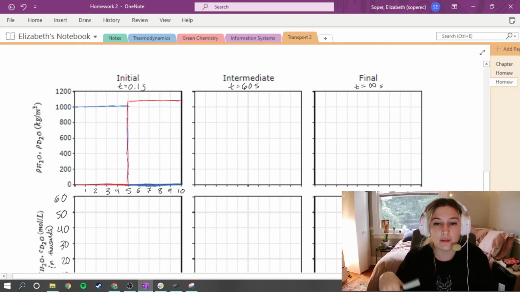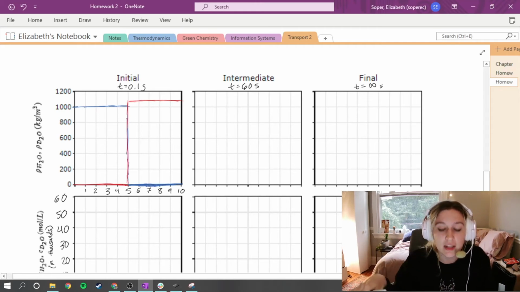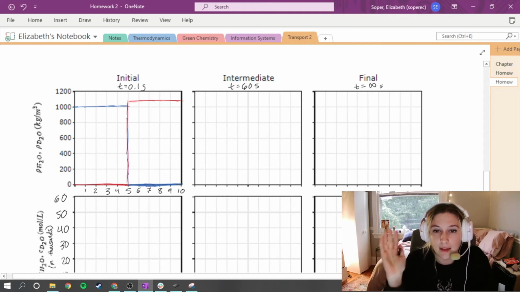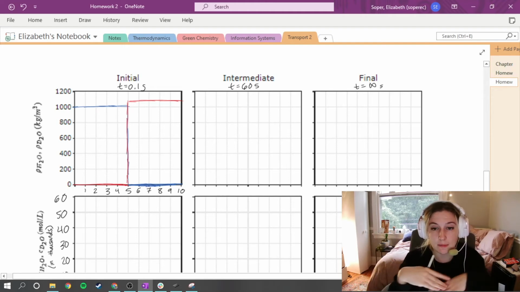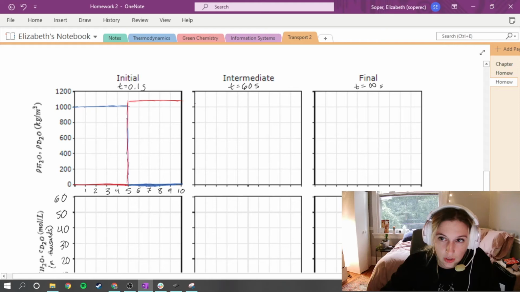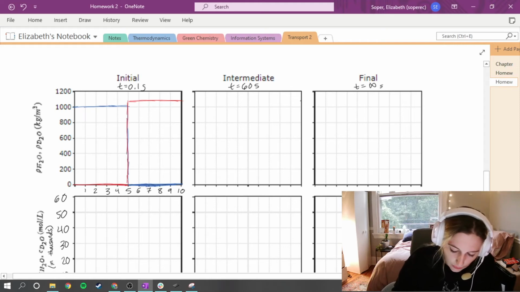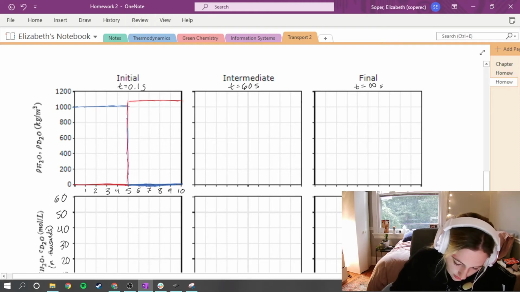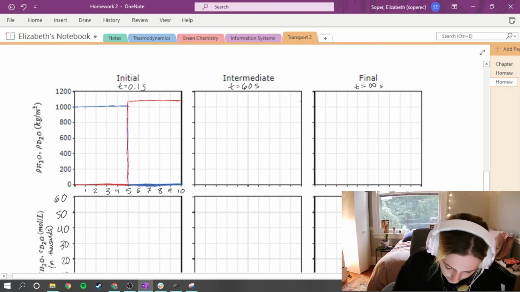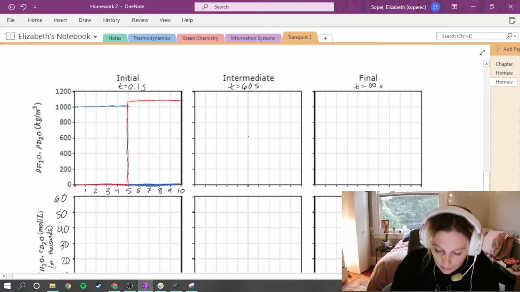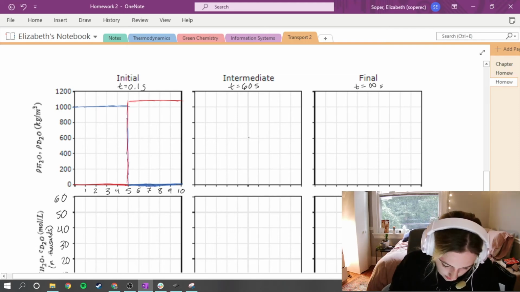Once the divider is removed and 60 seconds go by, that is when we get some mixing. It's going to look like we have still a lot of D2O on the right side. This is my best drawing.